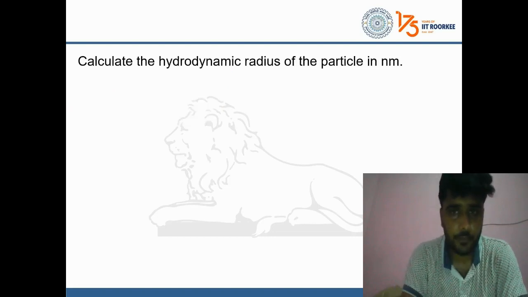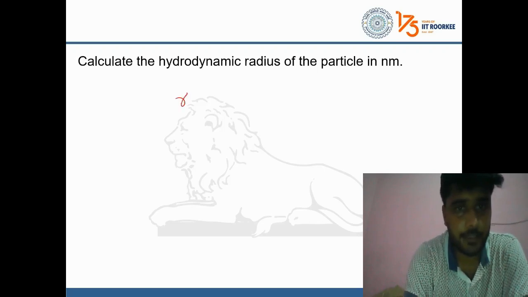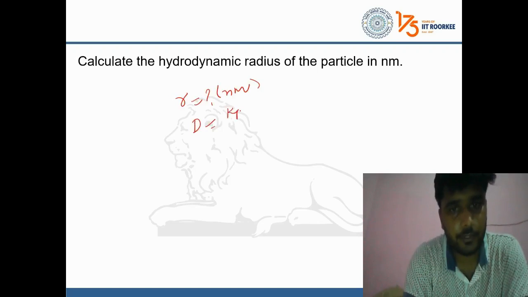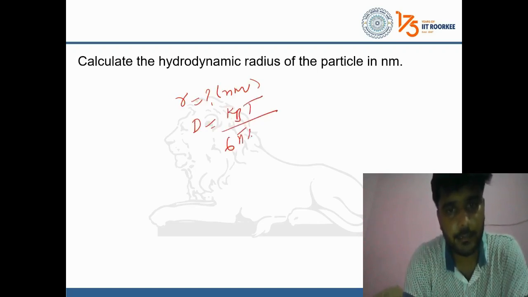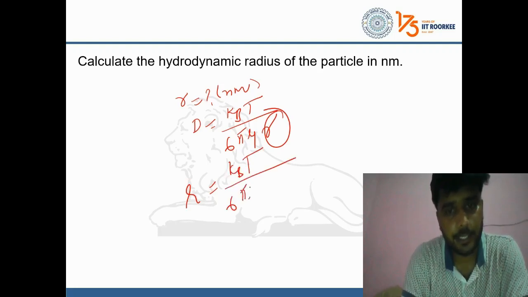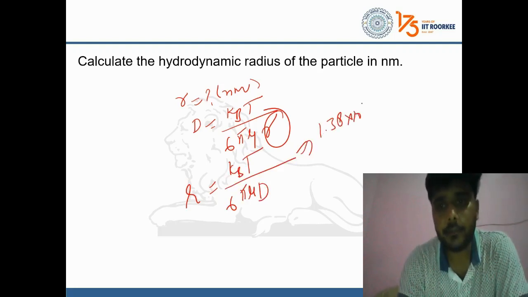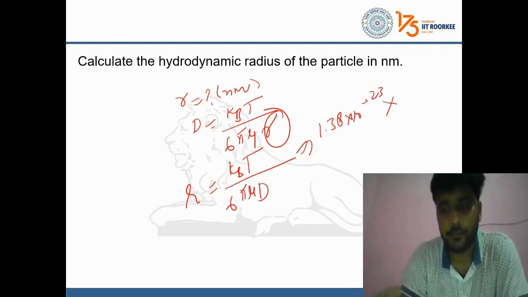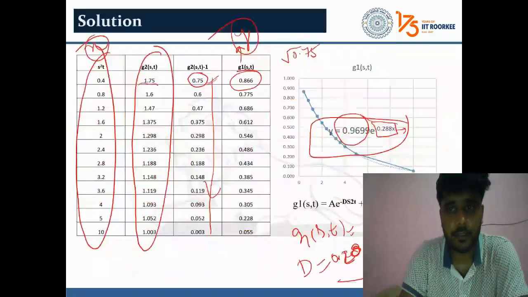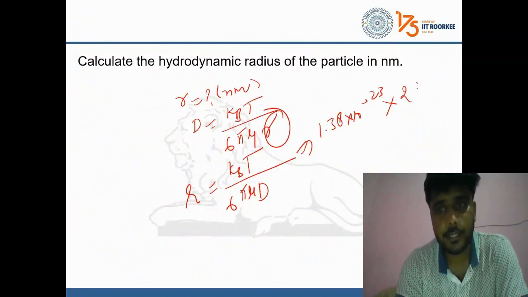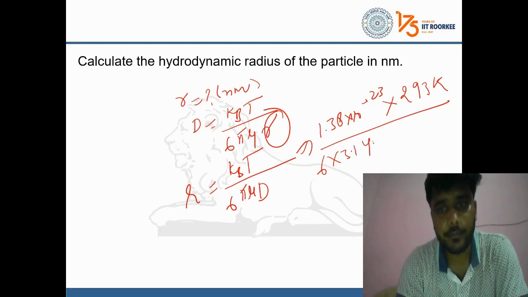And from this data you have to calculate the hydrodynamic radius in nanometer. So you have to just put the old formula, that is kBT over 6 pi mu r, so r is equal to kBT divided by 6 pi mu D. So 1.38 into 10 raised to minus 23, and for temperature 293 Kelvin, which is given here, and 6 multiplied by 3.14.